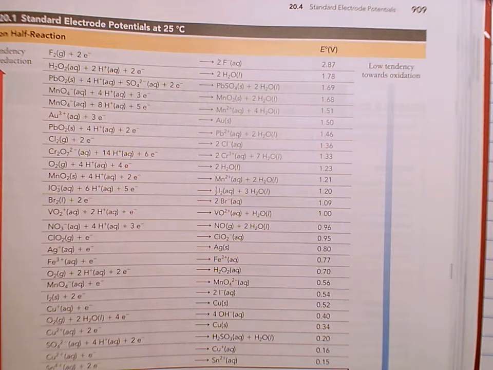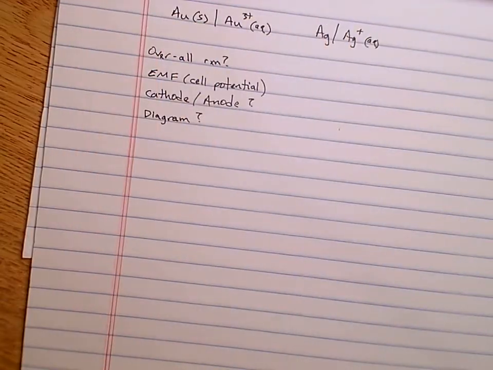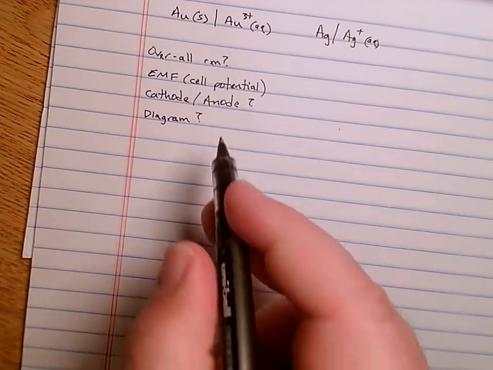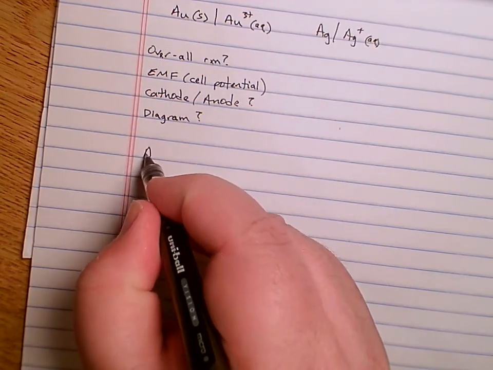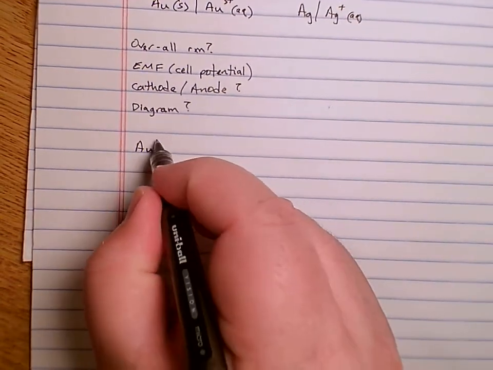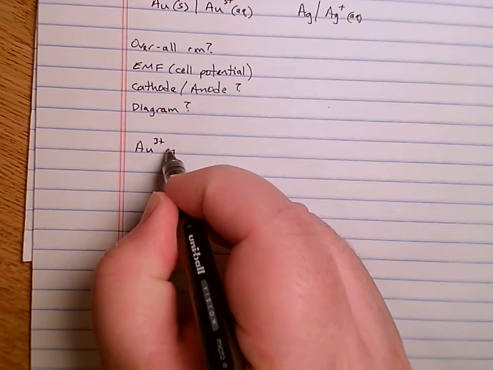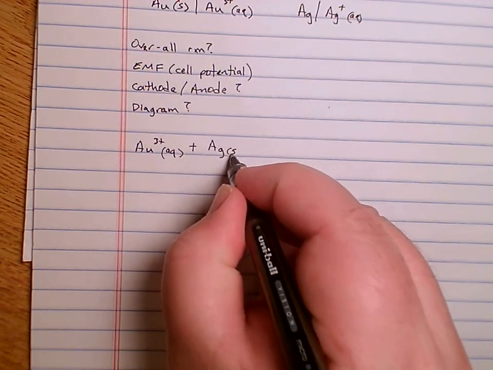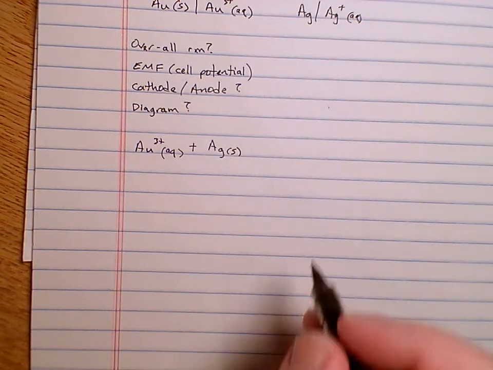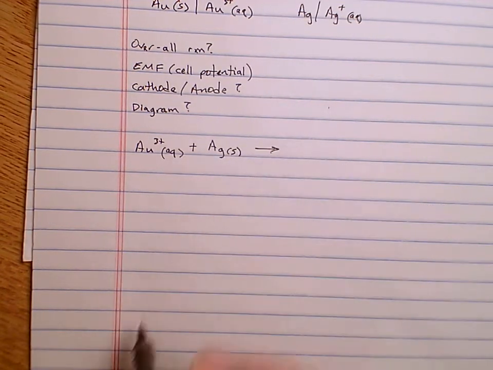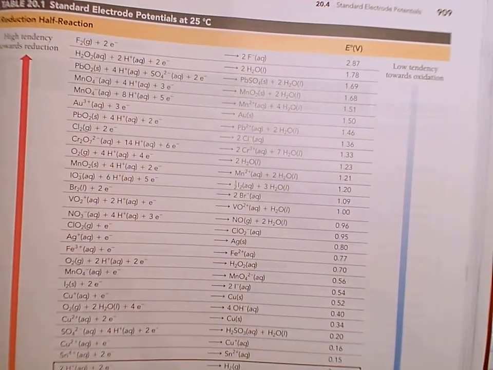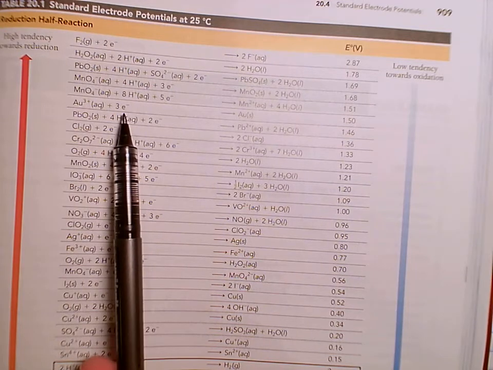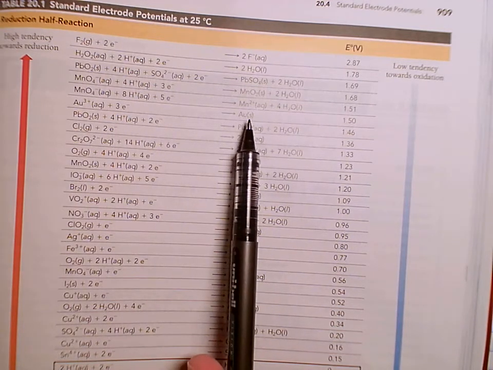All right. So I now know that my gold 3 plus, due to this table, Au3 plus aqueous, is going to react with solid silver because of my diagonal rule. I also know from these reactions here that the gold 3 plus is going to take 3 electrons and react to form gold solid.